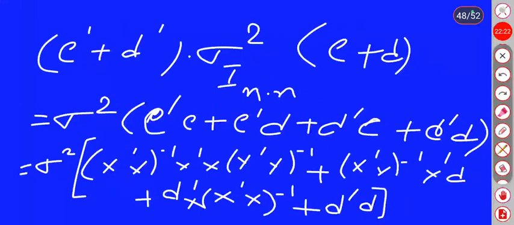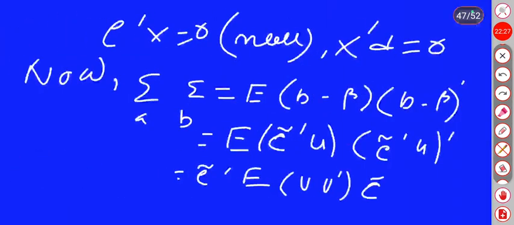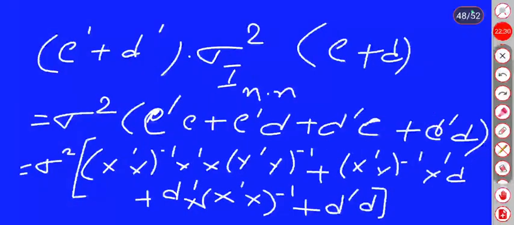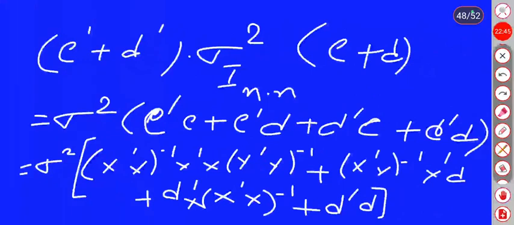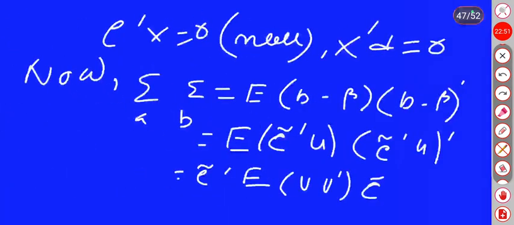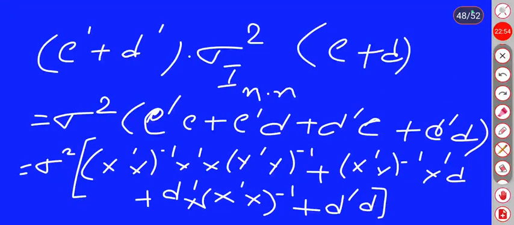We know c tilde prime is equal to c prime plus d prime, and this is a spherical model, that is, the expected value of u u prime is equal to sigma u square I. So it is sigma square multiplied by (c prime plus d prime) into (c plus d).